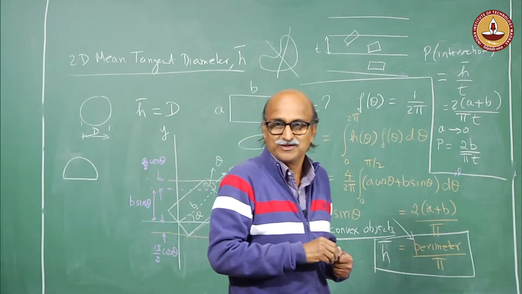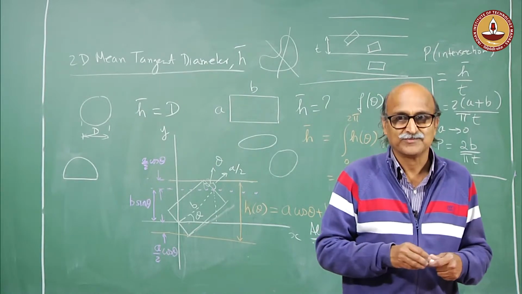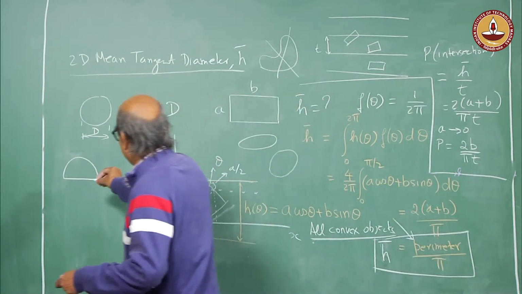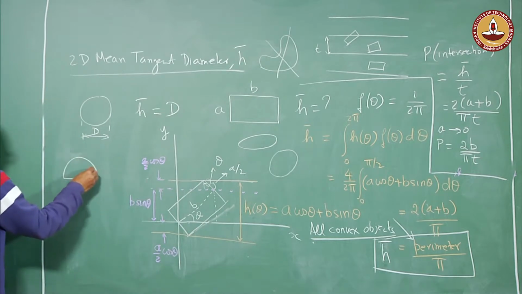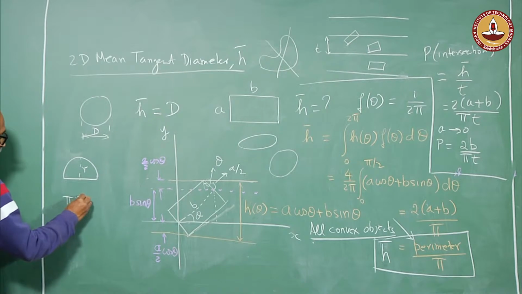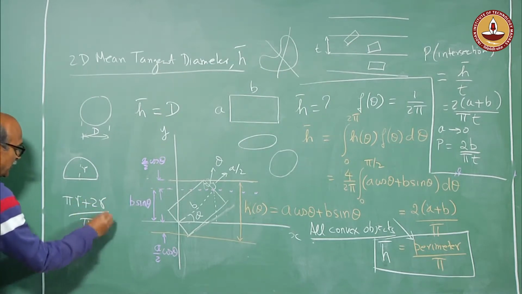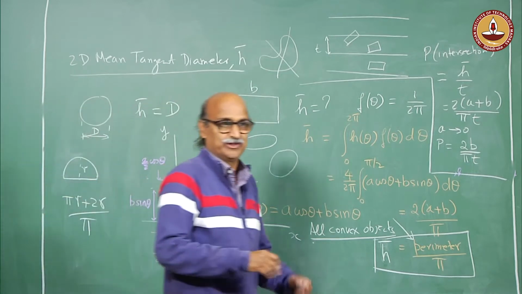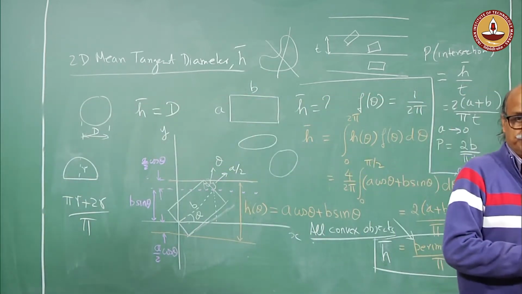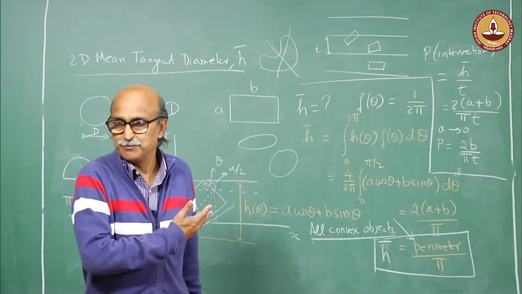So, for semicircular objects, take the perimeter of this. If its radius is r, the perimeter would be pi r plus 2 r, divided by pi, that is the mean tangent diameter. Okay, so this was one example that I put in 2 dimensions.